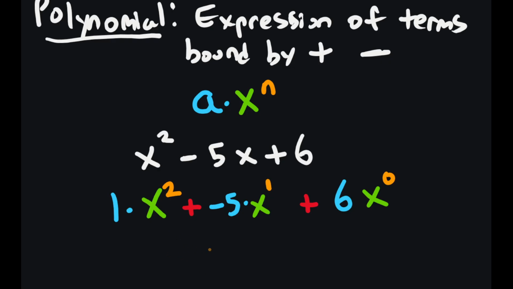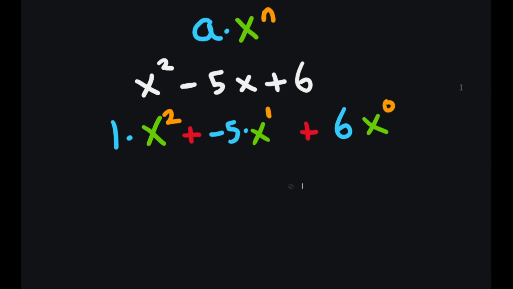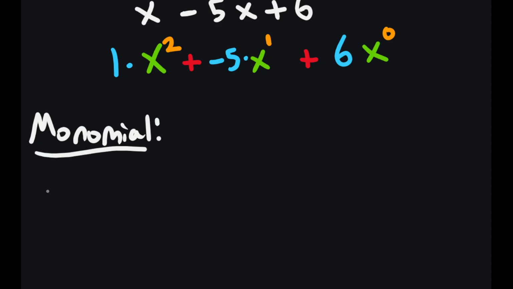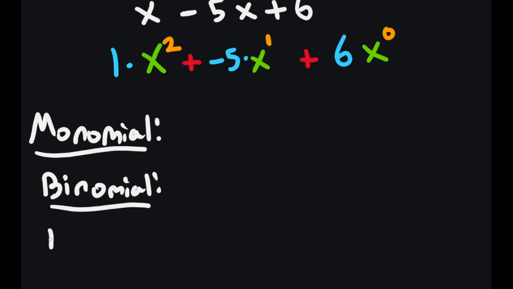Now, let's go through a few quick examples of different types of polynomials. We have monomials, binomials, and trinomials.